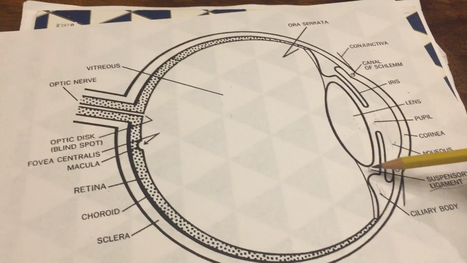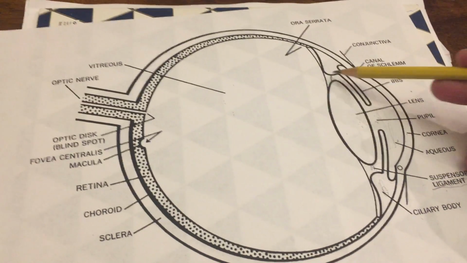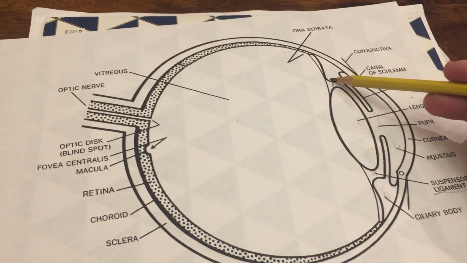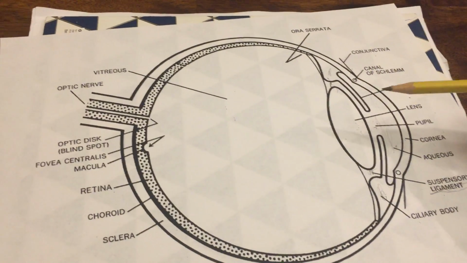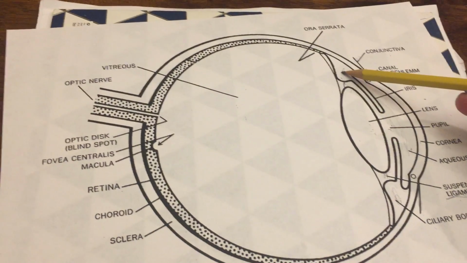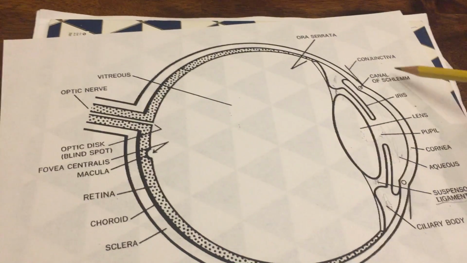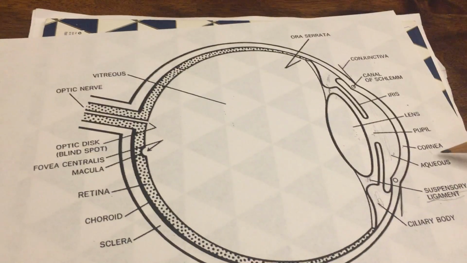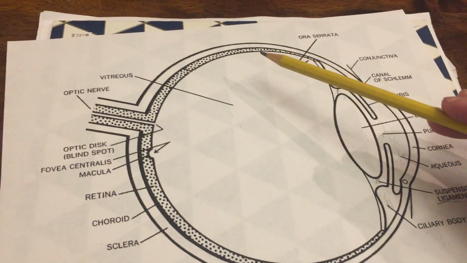So this ligament is what connects this lens, top and bottom, to the ciliary muscle, to the ciliary body. Okay? Now let's see. That lens.